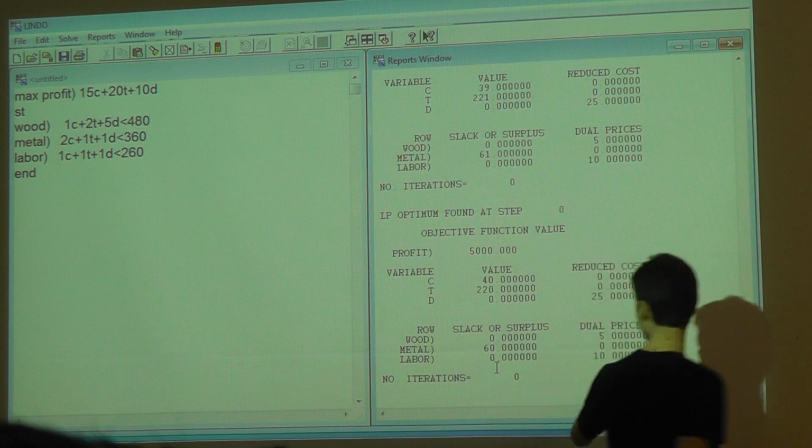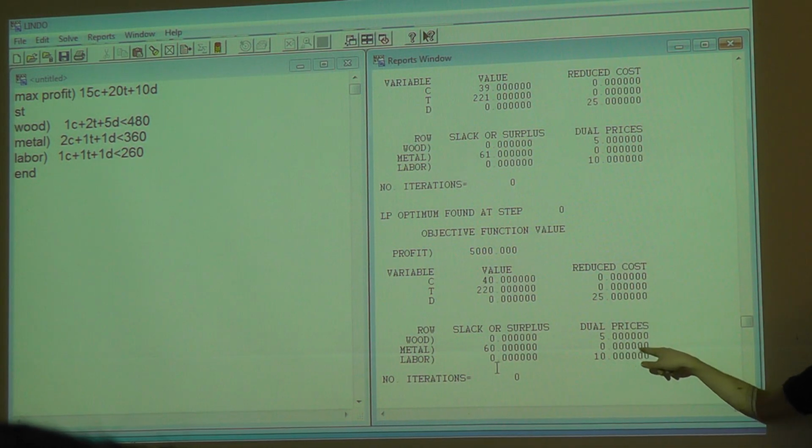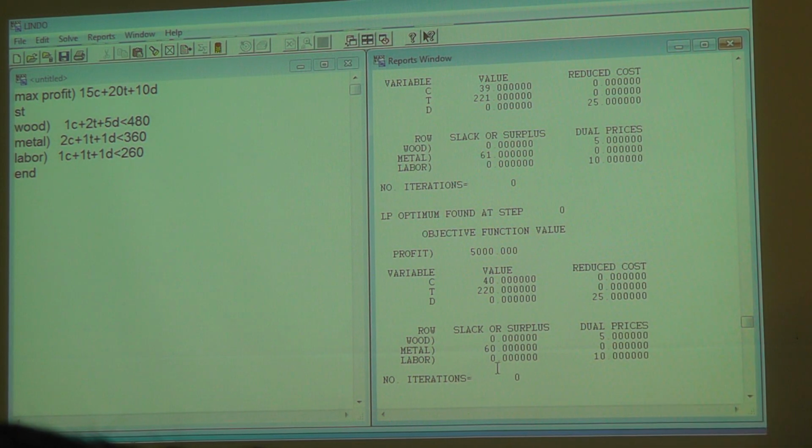The dual price of metal, well, is 0. What does it mean? Well, metal is a slack resource. You have free use of the slack metal. If you get more metal, you don't know what to do with it. You will just add it to the slack. You will not be able to derive extra profits.